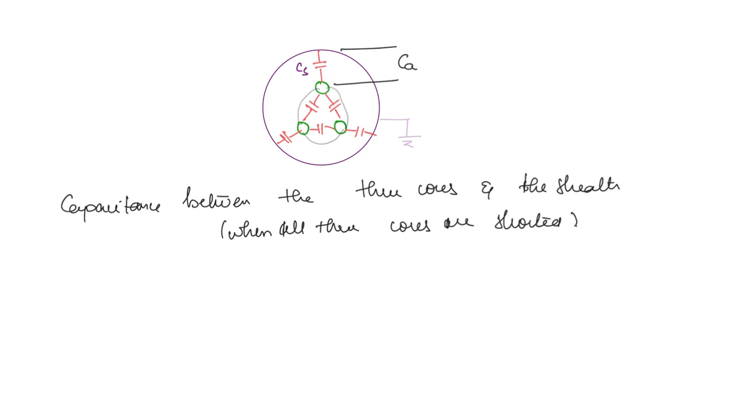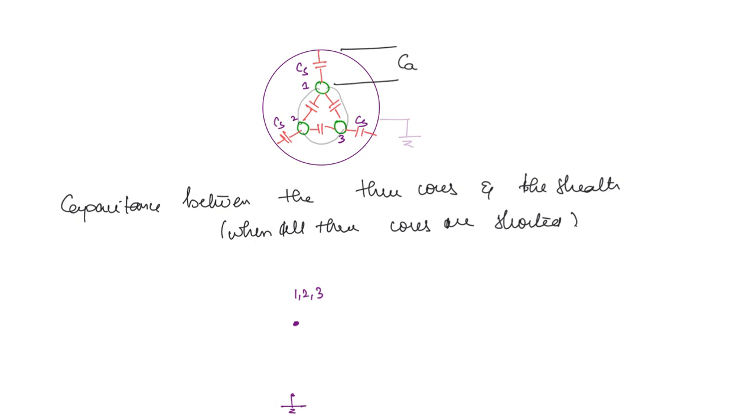So now what is CA here? Each of the conductors are together, so we can convert it into one single point, right? If you take these as conductors 1, 2 and 3, then we will take it as a single point where all the conductors are present, and one point which is the ground potential.